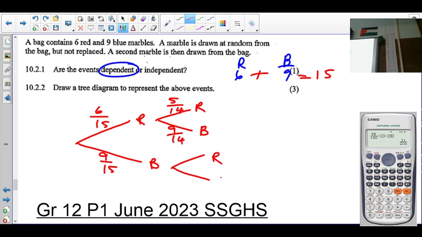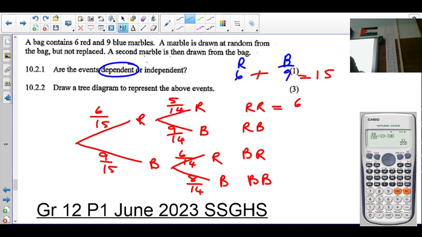However, if I had drawn a blue first, then the red would remain the same, 6 out of 14, and one less blue, of course, to choose from, is 8 out of 14. So my outcomes are red red, red blue, blue red, and blue blue. You need to work out the probabilities as well, which you don't have to, unless they ask you to show it.